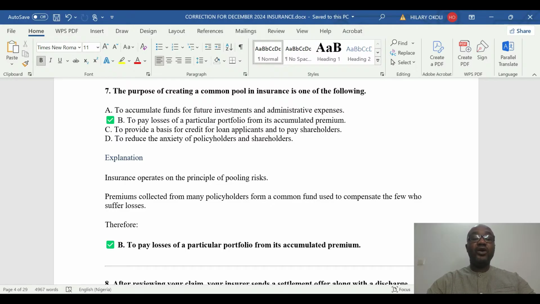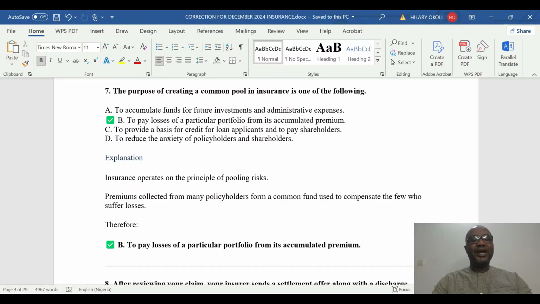You know, we record that insurance operates on the principle of pooling risks. Premium collected from many policyholders forms a common fund used to compensate the few who suffer losses. Incidentally, the way this operates is a game of numbers, and we don't suffer losses at the same time, the same day or so. There could be one or two coincidences, however, not all policyholders at a given time or period will suffer loss.